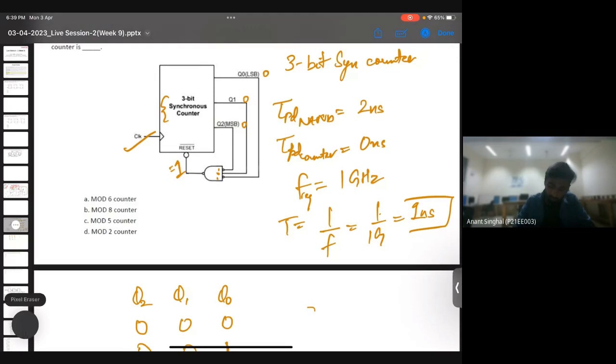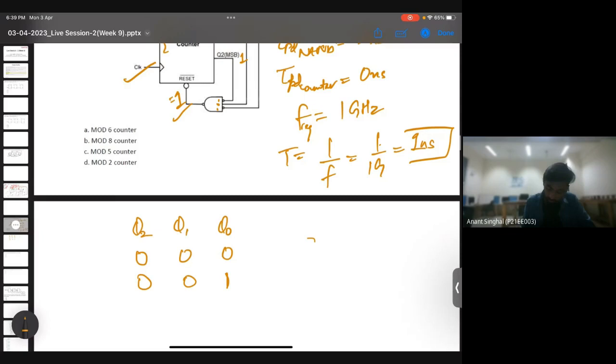Now if I write here 001, again it will be 100, and again it will be 1. So it will go to the next pulse now, which will be 010. Is it clear to everyone? This step is quite important.